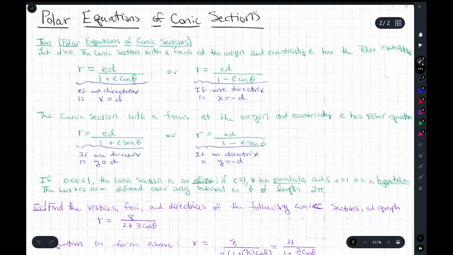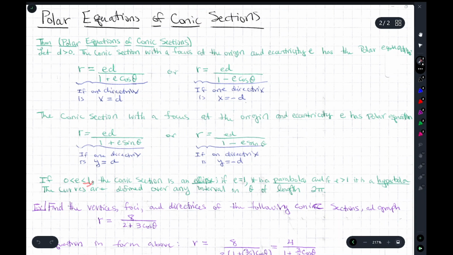First, you got to ask, is the directrix running vertically, at x equals d or x equals negative d, or is the directrix running horizontally, at y equals d or y equals negative d. In both of these cases, one of the foci is at the origin. And if it's a parabola, we only get one focus.